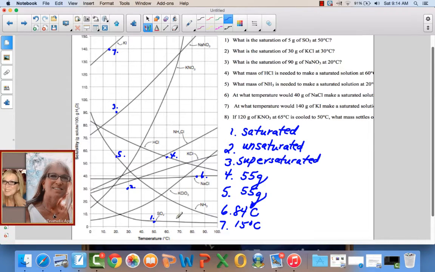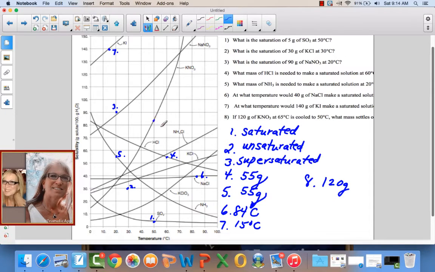I have 120 grams of KNO3. I'm just going to write this down over here. So 120 grams. I'm going to cool it to 50 degrees. So I have to see 50 degrees where it intersects KNO3. Right here.